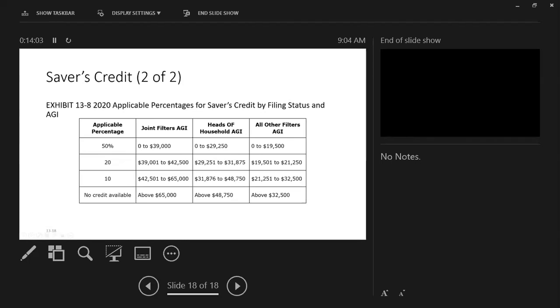Well, Tina is single. Her AGI is 20,000. 24,000 minus 4,000, so she's in this range. So she can take up to 20% of her IRA contribution.